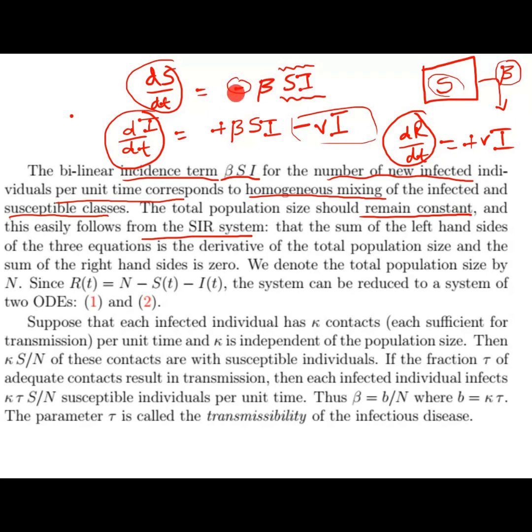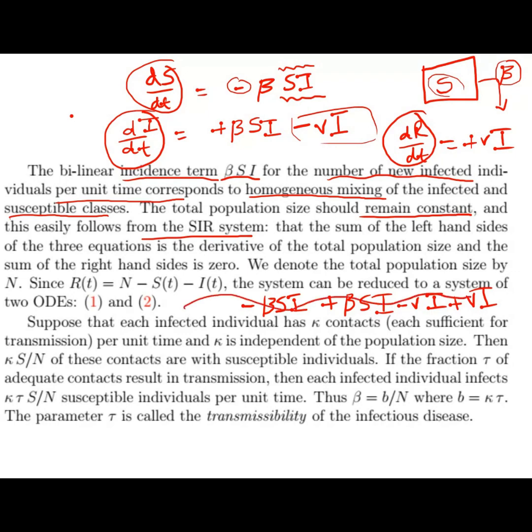We are going to add minus beta SI, plus beta SI, minus nu I, plus nu I. So the answer is 0.